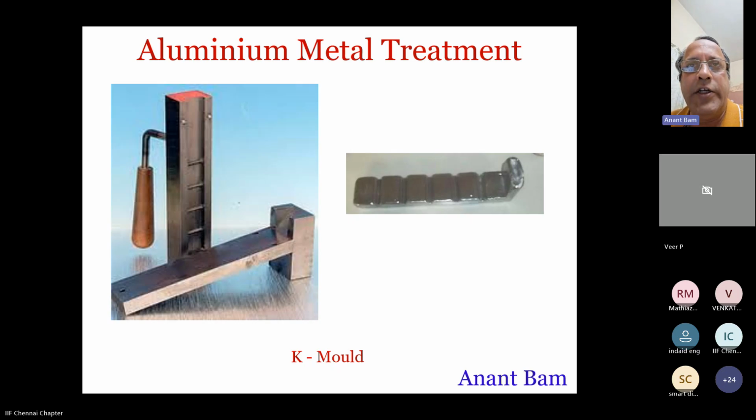Along with its validity certificate, that certificate is valid for lifelong. Whereas duplicate K mold is available for to the tune of maybe 3,000 rupees to 10,000 rupees. So instead of saving those few thousand rupees, go for the original one, because if you are caught with a duplicate K mold, then there are heavy penalties for that. Next, please.